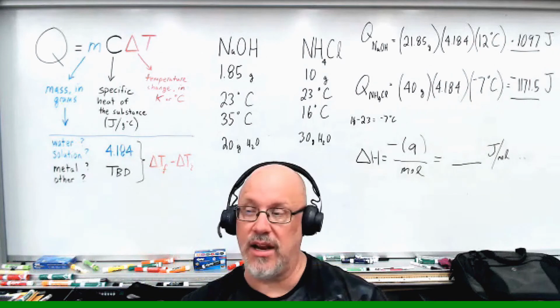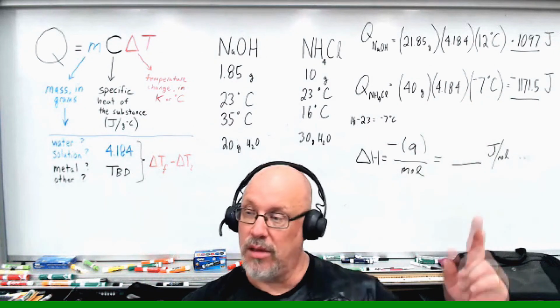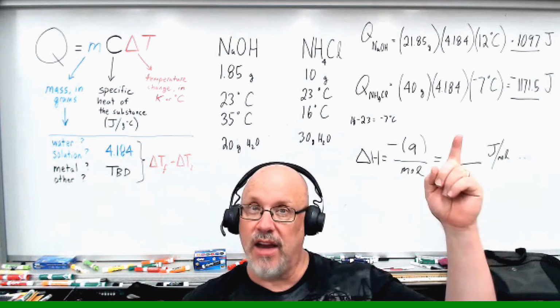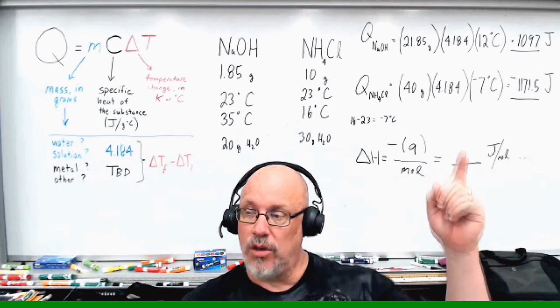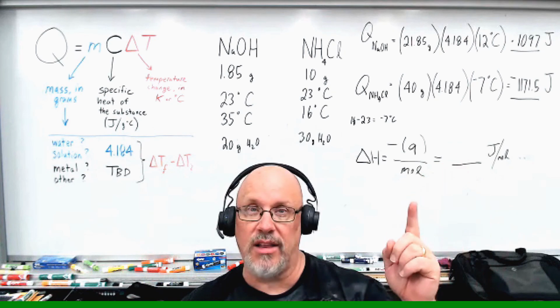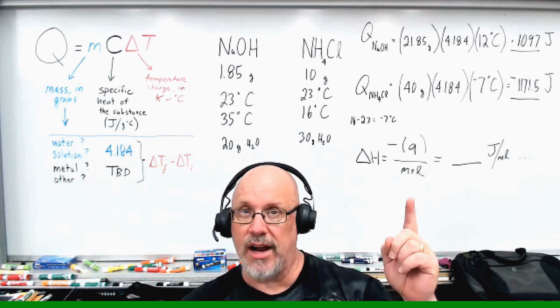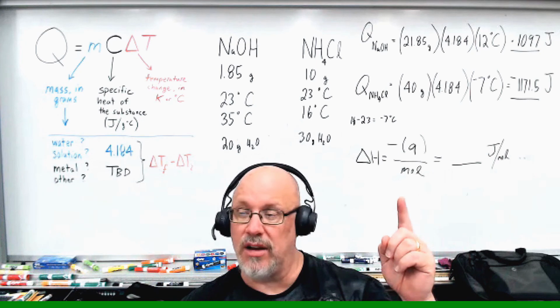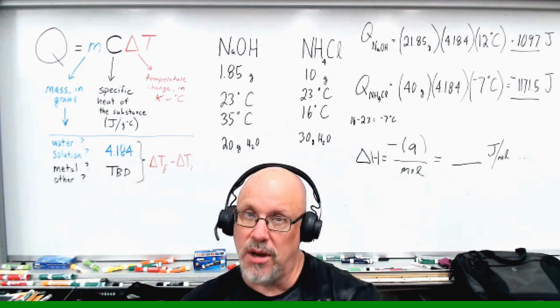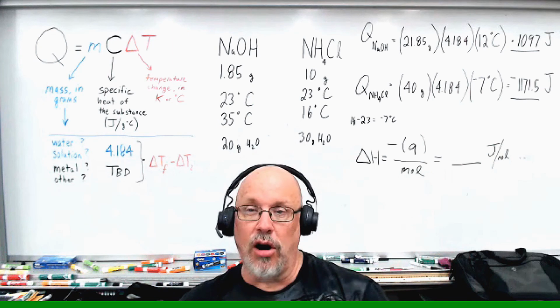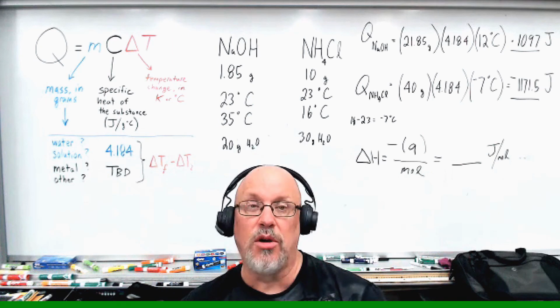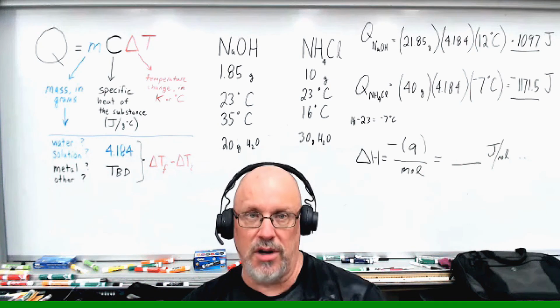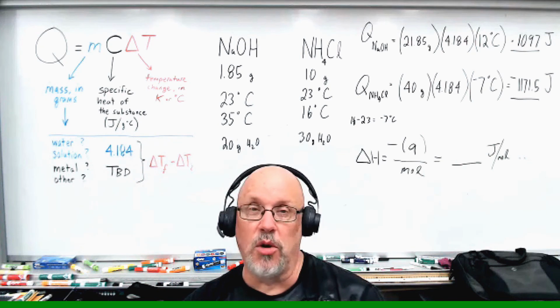And that is the data that you will do the math on, where you calculate the energies of both reactions. And once you have those energies, you'll calculate the enthalpies of those reactions for those substances by dividing the negative of those energies, negative q, by the actual number of moles, the actual number of grams of the substance converted into moles. That's what we're going to do.